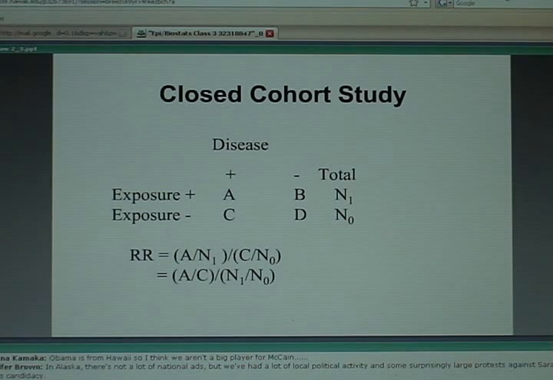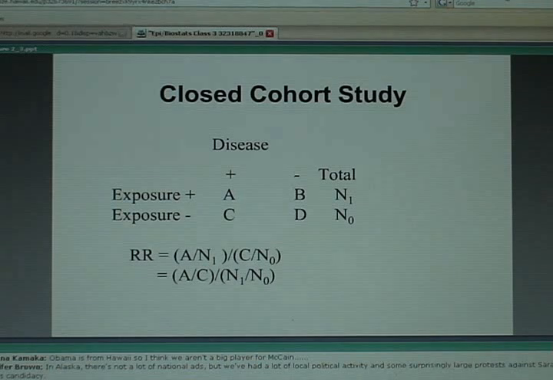A of them develop diabetes and B of them do not. So if you want, you can measure the incidence of disease among the spam users. A people getting diabetes out of N1 spam. So A divided by N1 is the risk, or the cumulative incidence of developing the outcome diabetes among the exposed people, among the people who were eating spam.